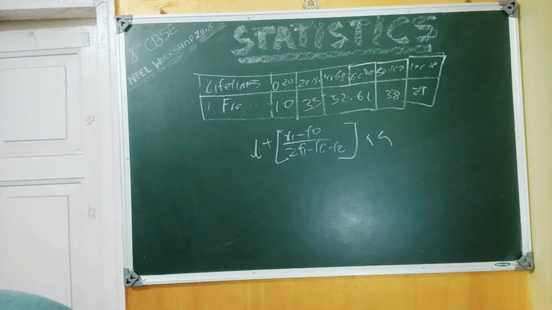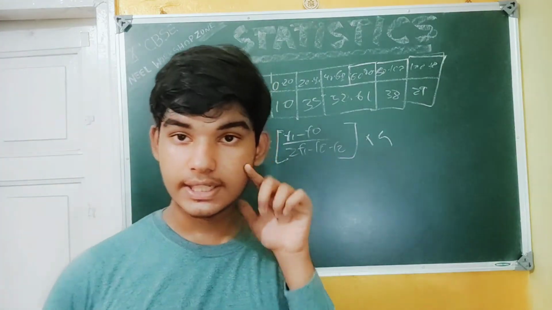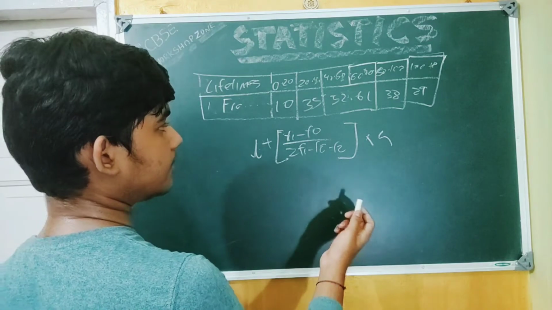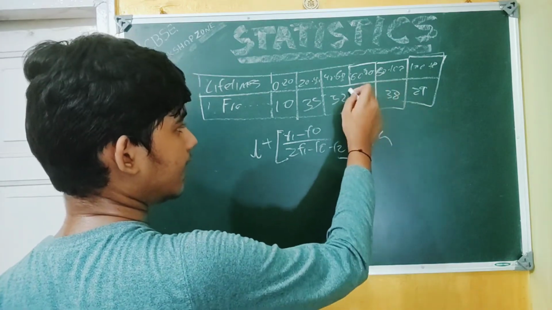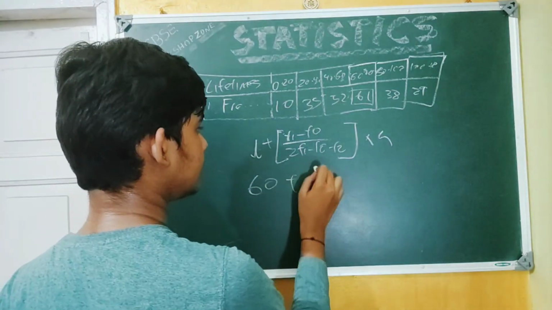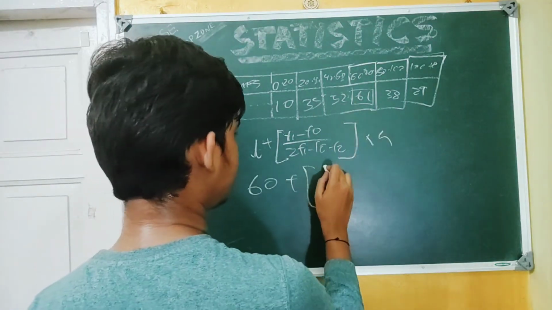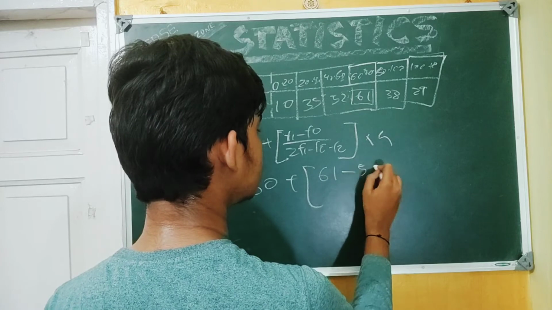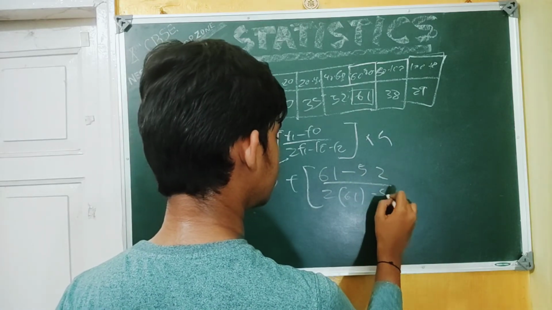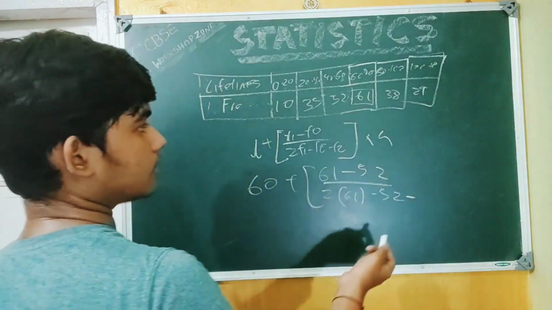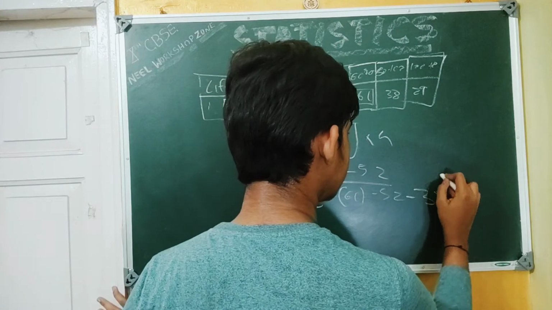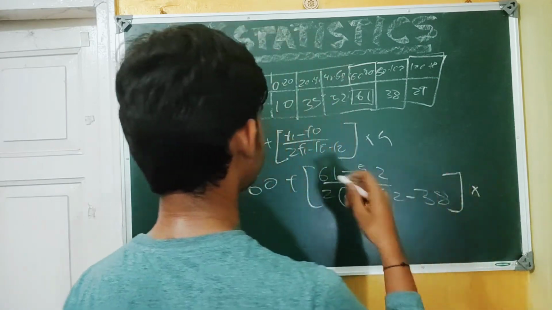Now that we have written the question, let's try to solve it as fast as possible. L, the lower limit of the modal class, which has the frequency 61, is 60. So 60 plus F1, the frequency, 61 minus 52, divided by 2 into 61 minus 52 minus F2, the successor, which is 38, into H, which is 20.